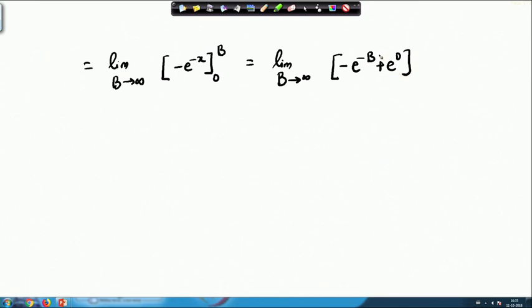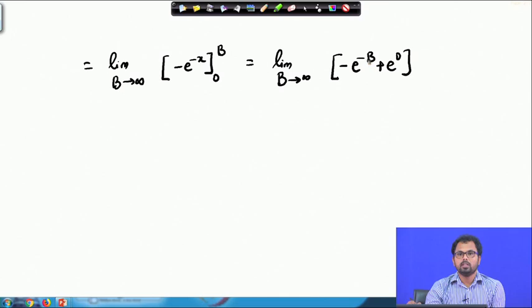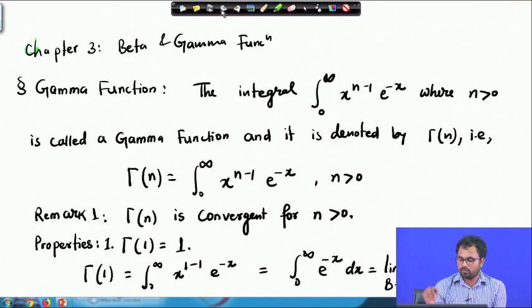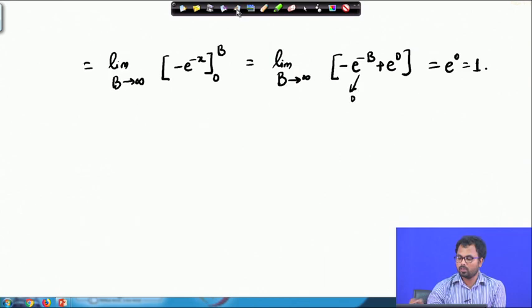When b goes to infinity, e to the power minus infinity goes to 0, and the constant term remains unaffected by the limit, so we have e to the power 0, which is 1. So, the value of gamma 1 is 1, and this property is verified.